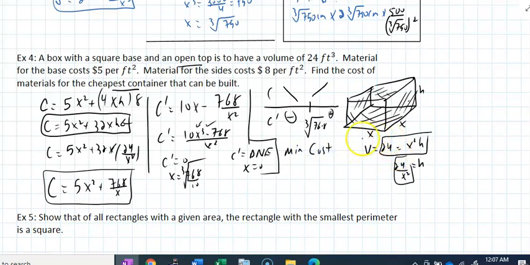when x is at the cube root of 76.8 by the cube root of 76.8. So that's the length, that's the width, it's the same.